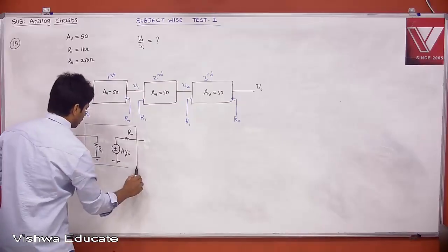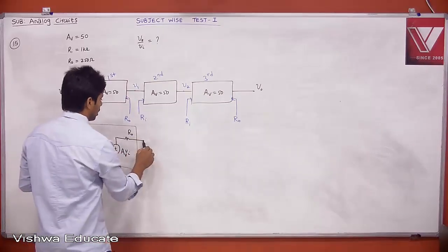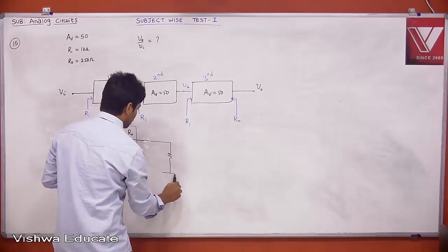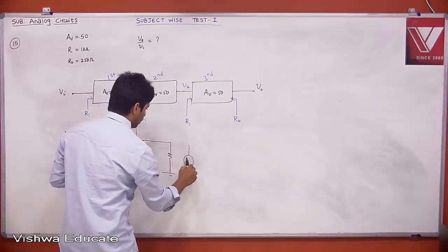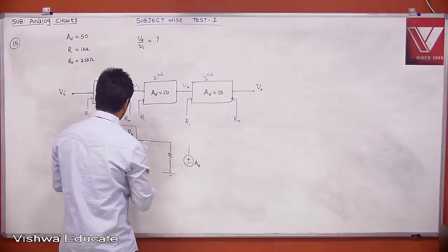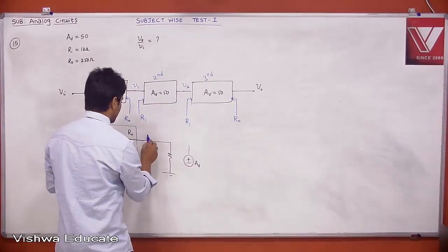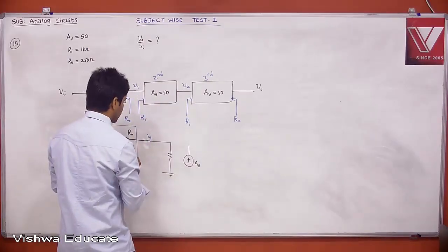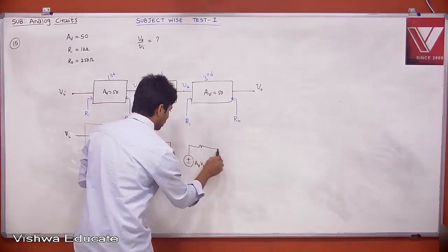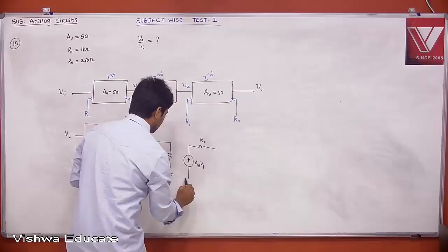This is your stage 1, and this is your V1. Now that is given to the next stage. Therefore, this is your Ri, and now this is your AV into V1, and this is your R0.